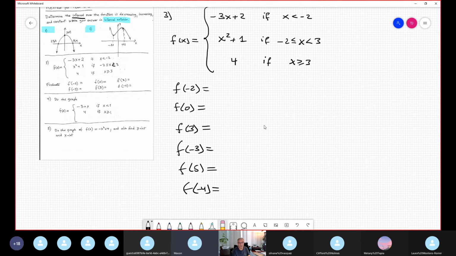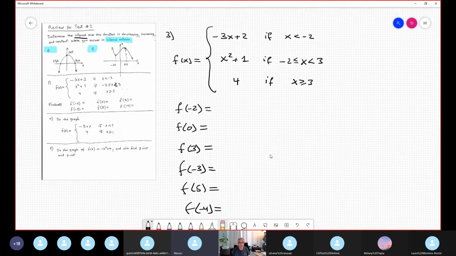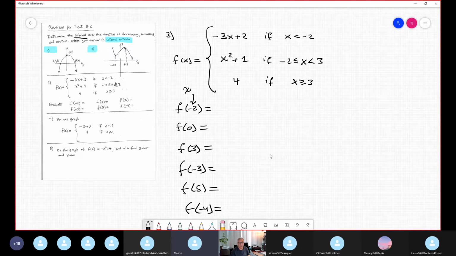So the idea is easy. This is the x value you want to evaluate. You try to find in which interval this value is inside, what interval it belongs to.